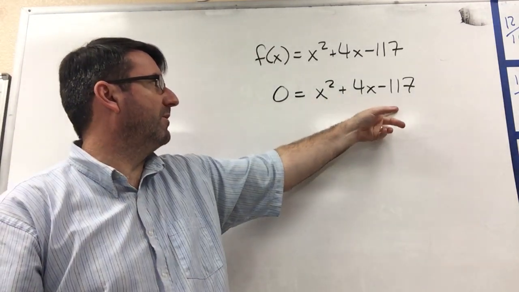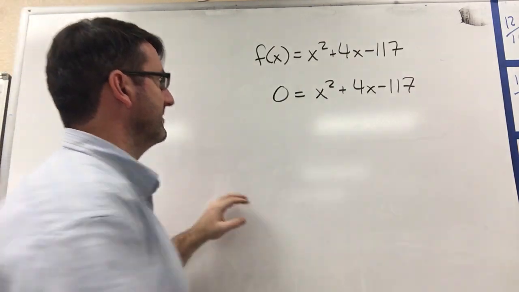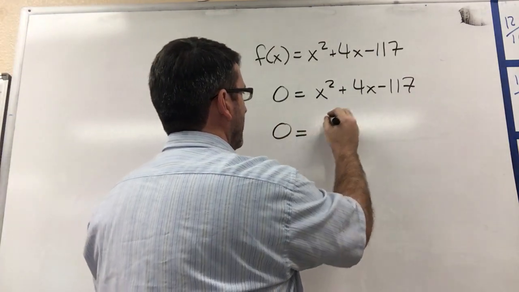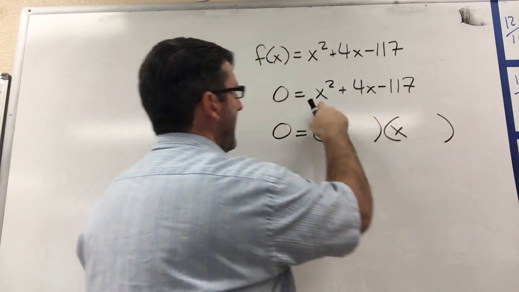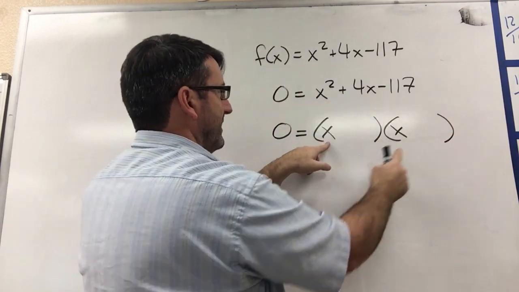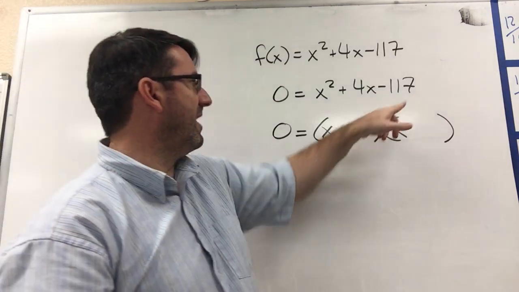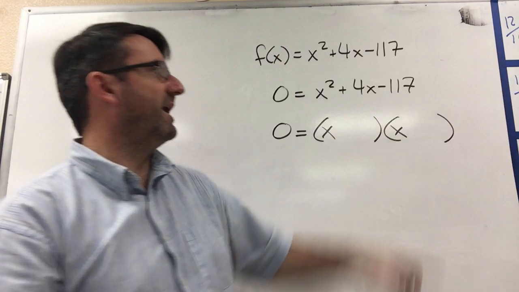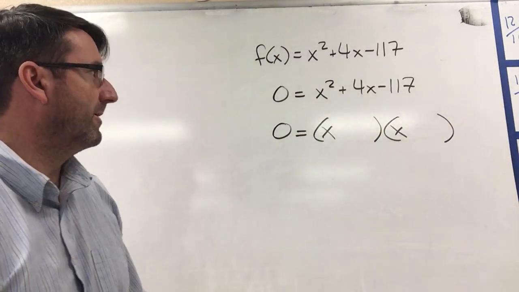And now, when we have something like this, we're going to want to factor this. So x squared, the only way to make x squared is x times x. Now we need two numbers that multiply to negative 117 and add to 4.